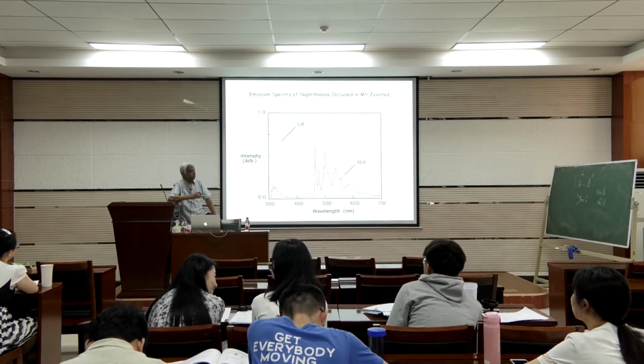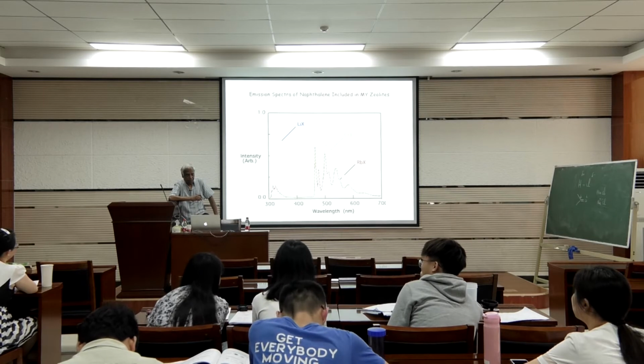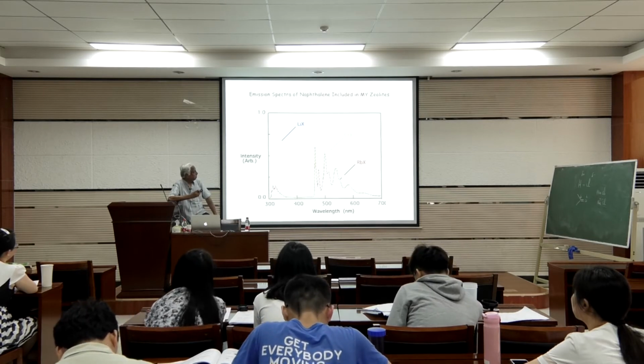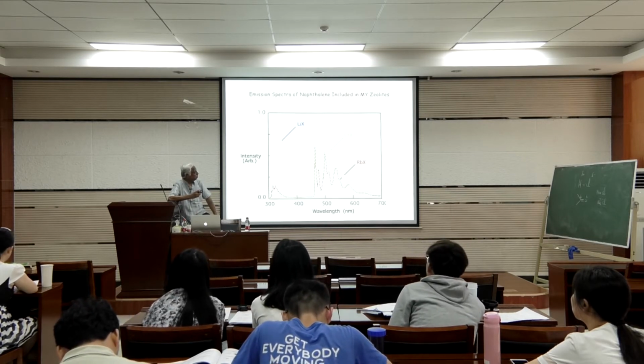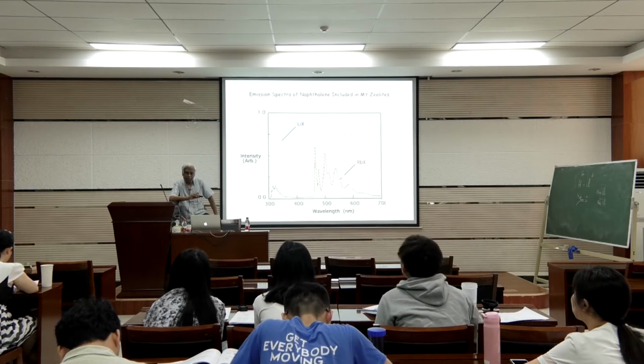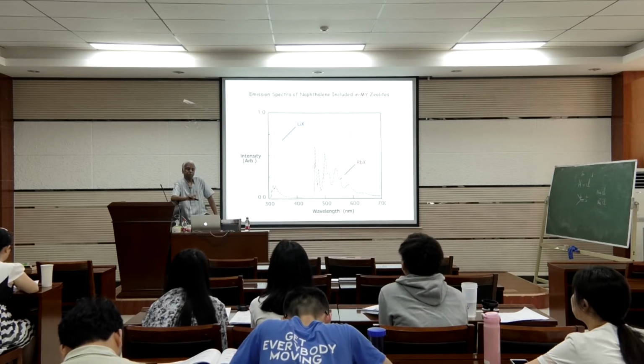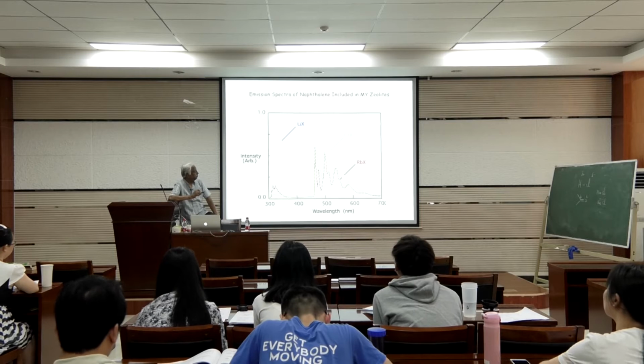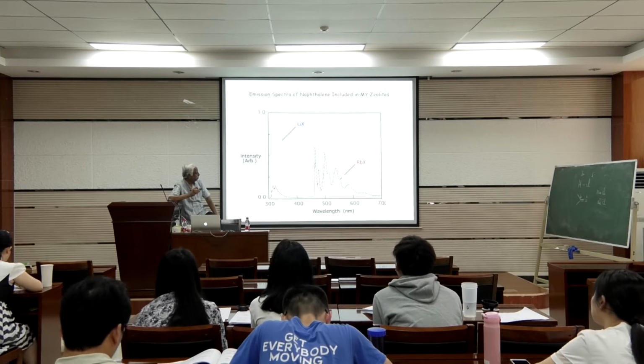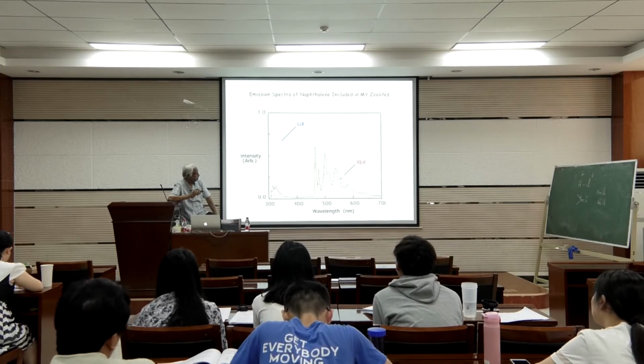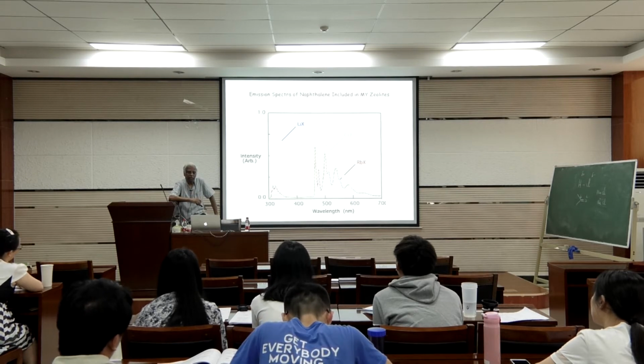So this is fluorescence, that is phosphorescence. So the same naphthalene, depending upon what type of cation is inside the zeolite, shows different emissions. If you have lithium, it shows only fluorescence. If you have cesium, it has a little bit of fluorescence, but mostly phosphorescence. Okay, tell me why.